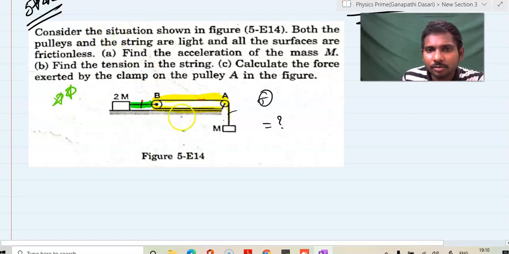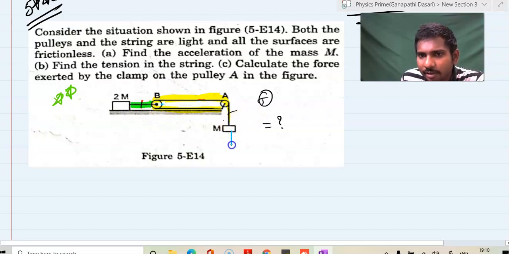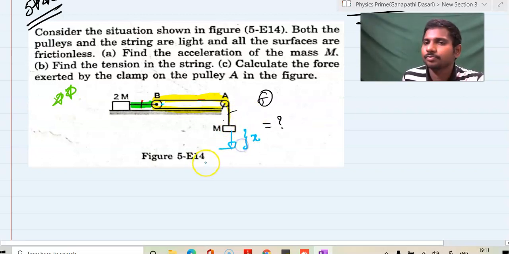Suppose, from basic understanding, in common sense, but never use common sense, I'm just trying to convey it to you. Suppose this block is going downwards, assume x distance. So this string should also go x distance.